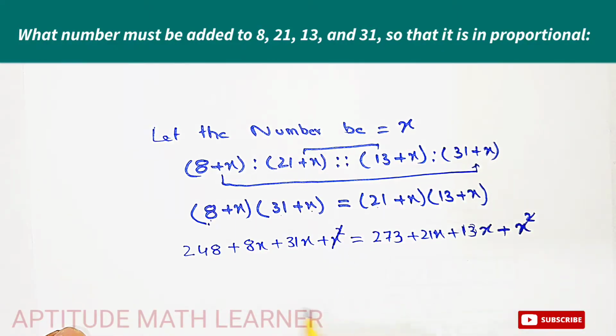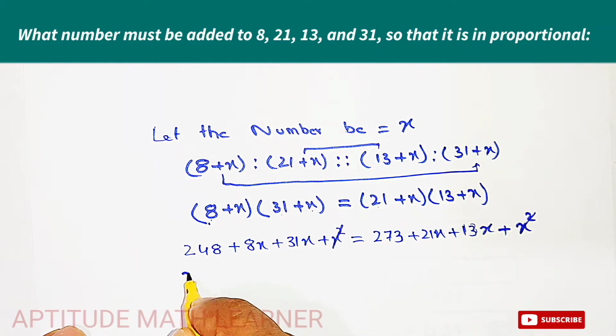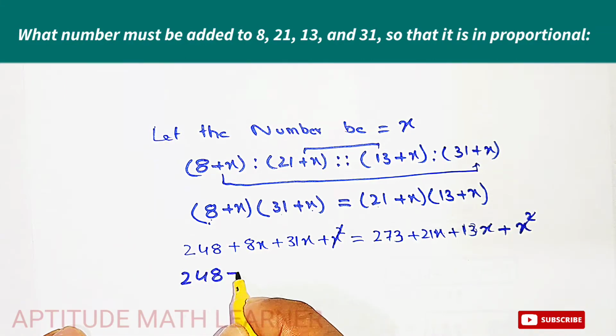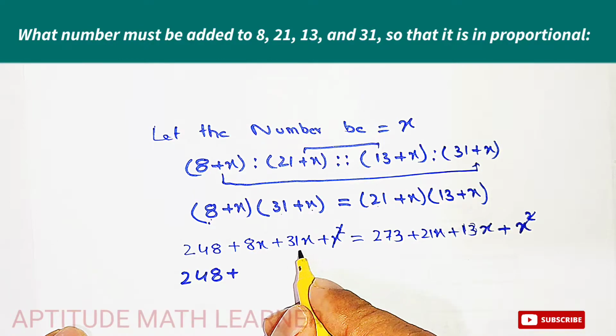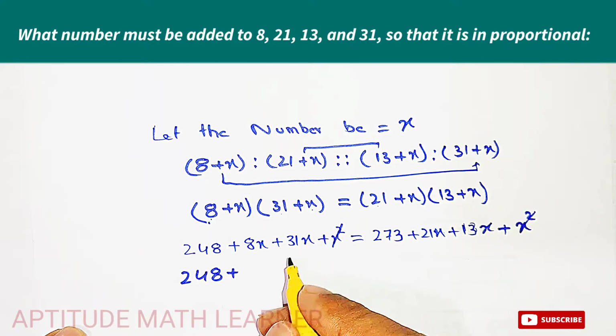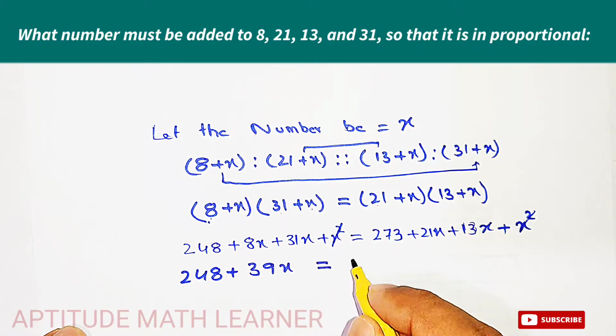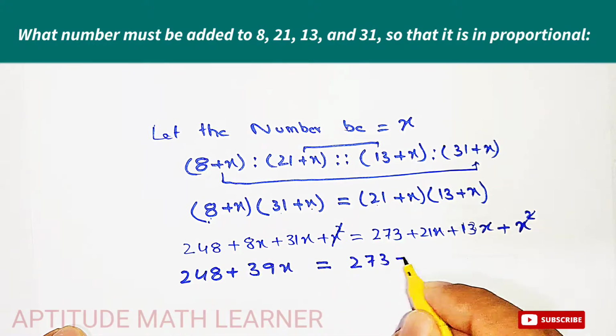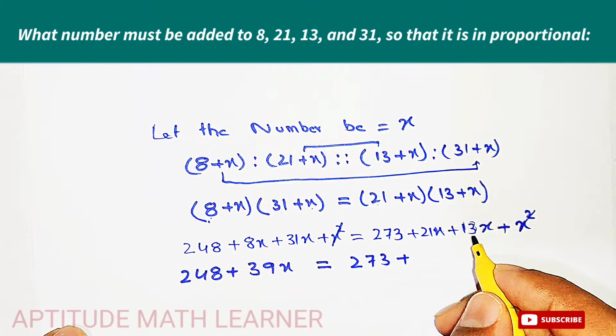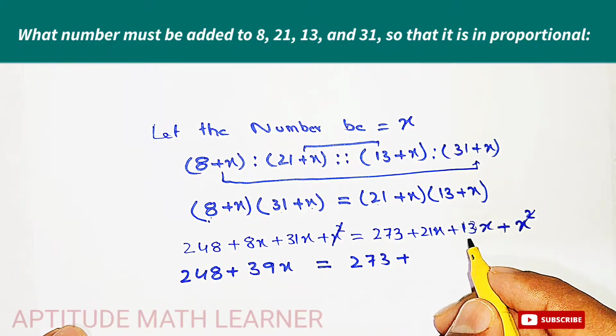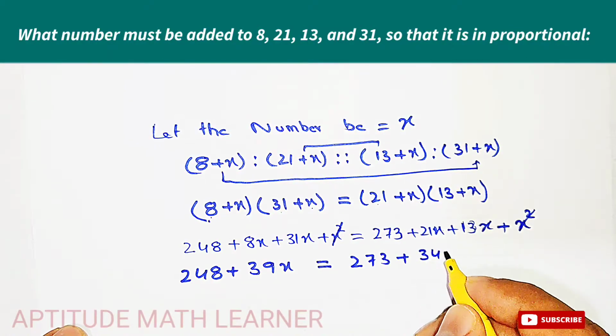Now the x square and x square cancel out with each other, and we get 248 plus 8x plus 31x, that is 39x, equal to 273 plus 21x plus 13x, that is 34x.